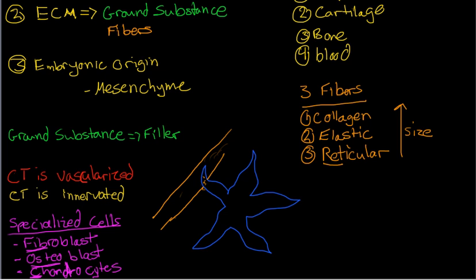So you'd have this thinner elastic fiber here being created as well, and also reticular fibers, which I said are rather small, so we'll draw those small in a net-like fashion. All these fibers are being created outside of the cell, which makes this somewhat unique.